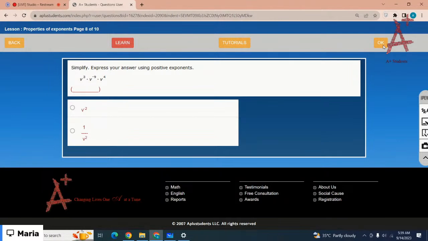You have to add the exponents. 3 minus 9 is negative 6 and negative 6 plus 4 is negative 2. So the second option is the correct one.